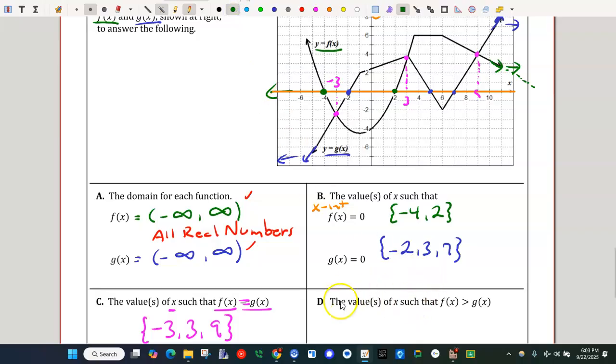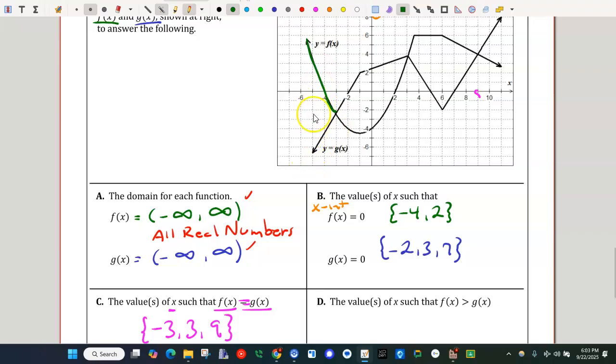All right, next we have find the values of x such that f of x is greater than or above g of x, right? Where the f of x function, the green one here, is actually above. Let's get rid of some of this writing. So you can see right here, this whole part of the graph is above g of x.